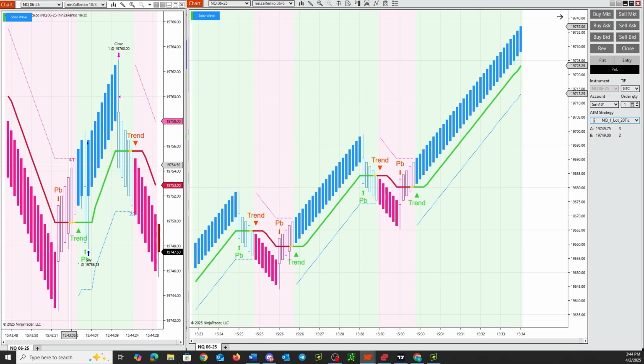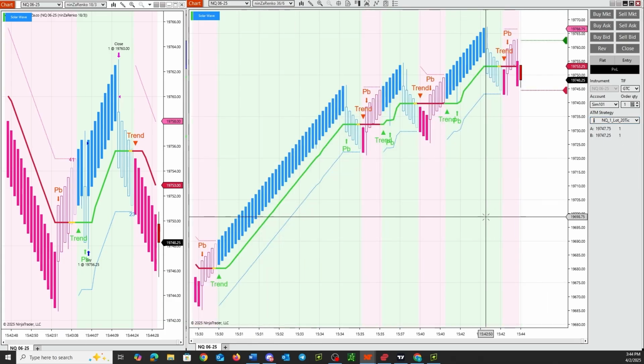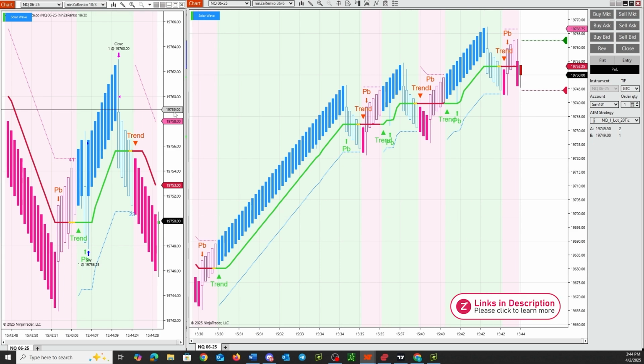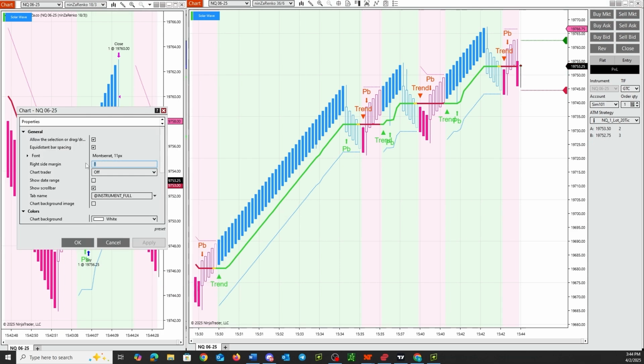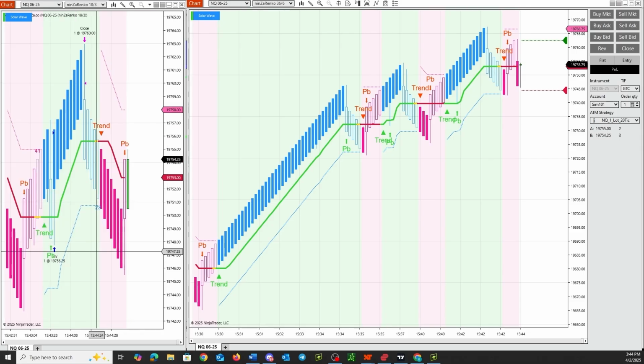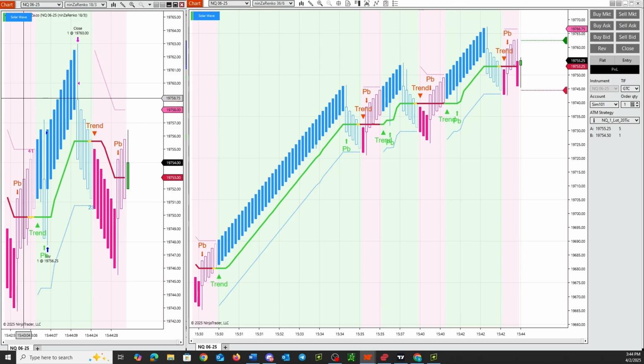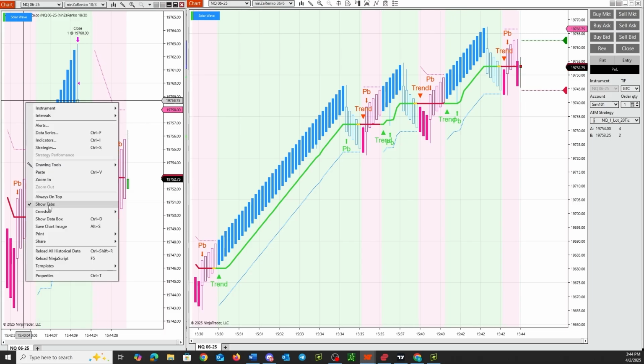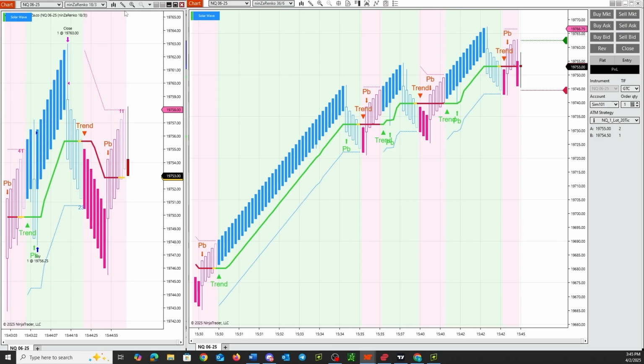You see those hash marks right there. Let's move this over so we can see. There we go. Alright, so we could take another trade up here. Oh my gosh, come on.